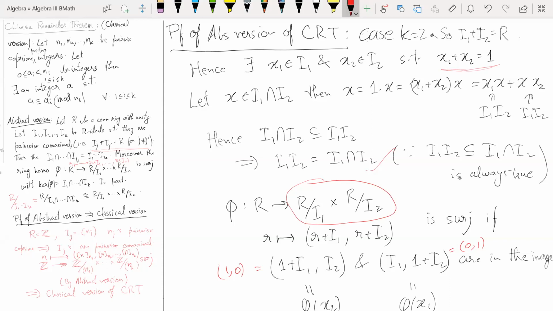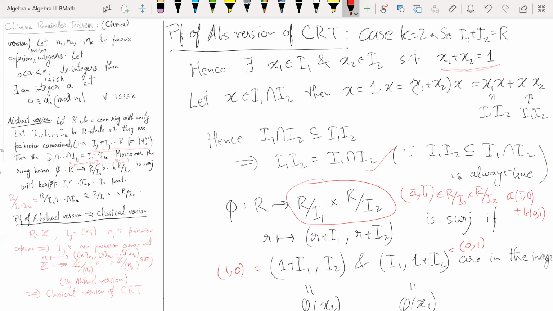If a comma b belongs to R mod I1 plus R mod I2, then a bar comma b bar is the same as a times 1 bar comma 0 plus b times 0 comma 1 bar. So maybe put bars here.